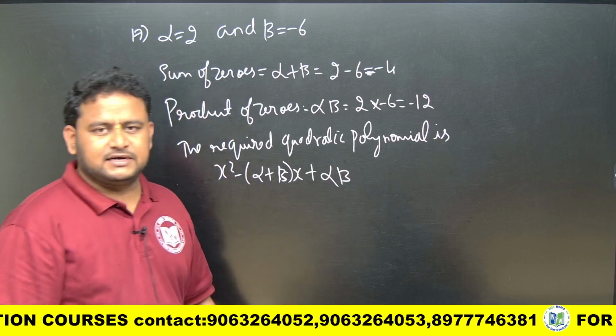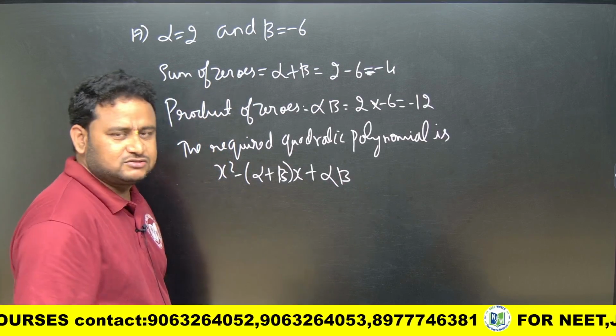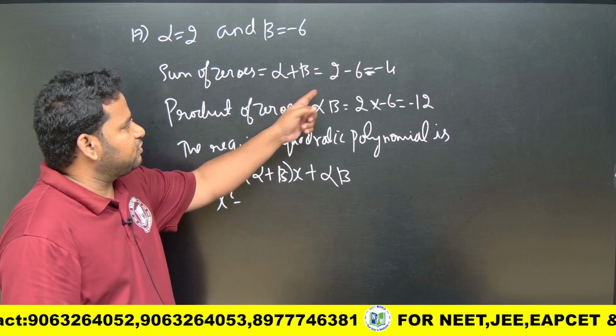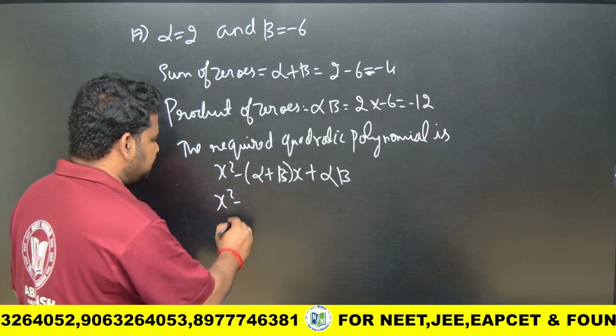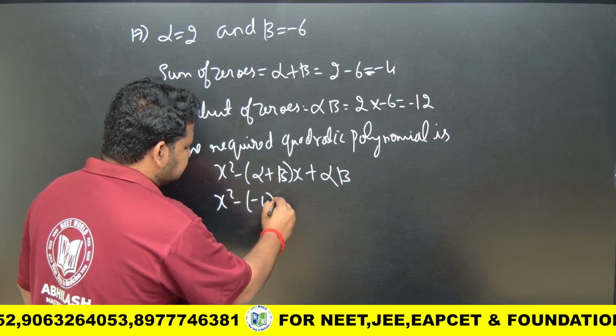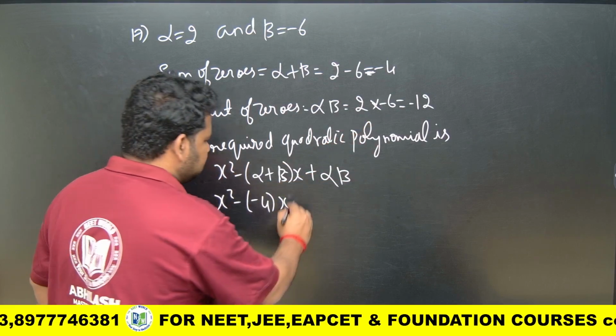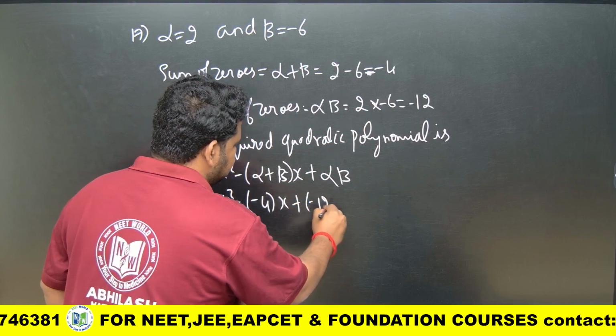Now I should just substitute the values. Alpha plus beta we got as minus 4, so this will be x square minus minus 4 times x, plus alpha beta, which is minus 12, so plus into minus 12.